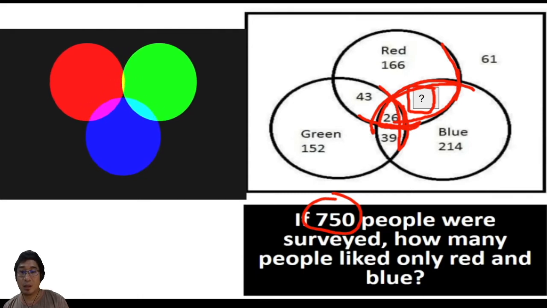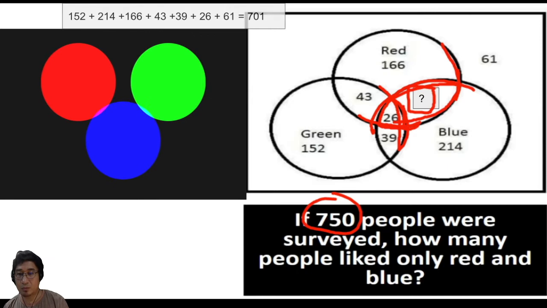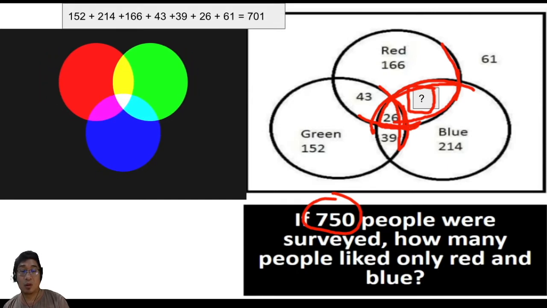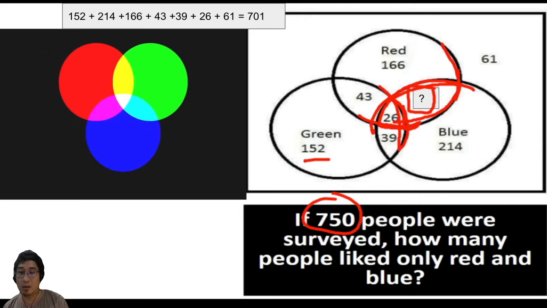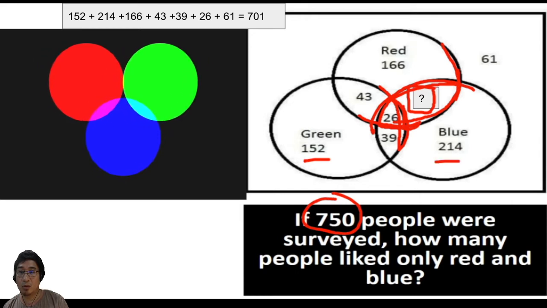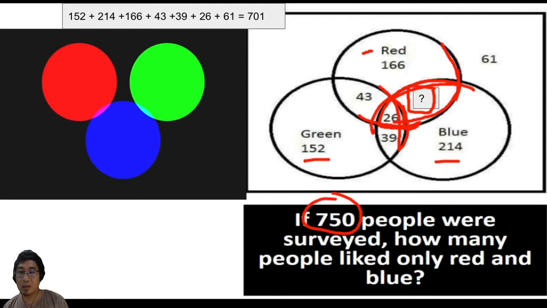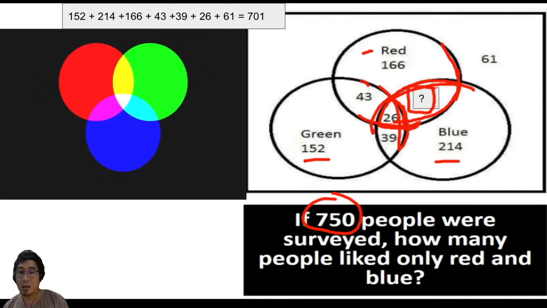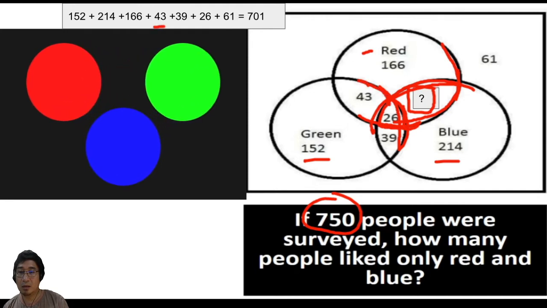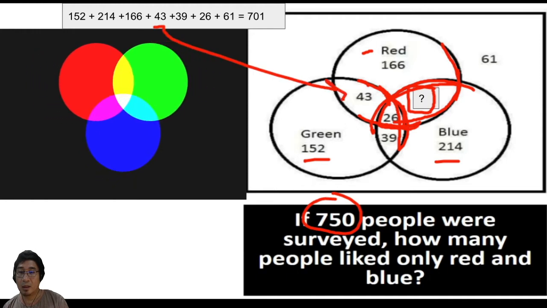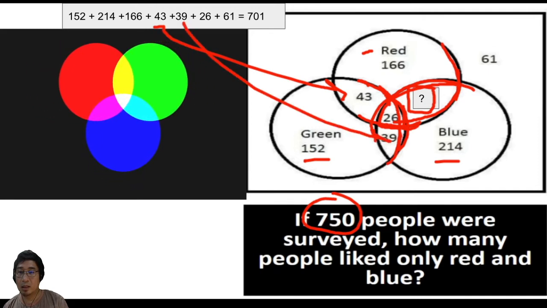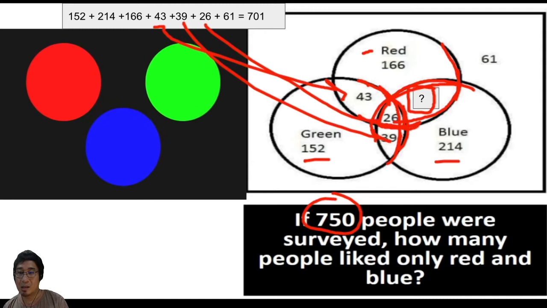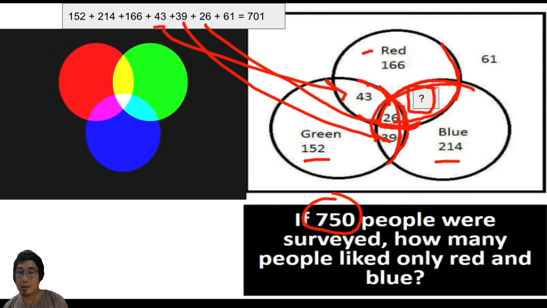Now, to do this, we have to do this equation. We have to get 152 from the green, 214 from the blue, 166 from the red, 43 sa red and green, and then 39 sa green and blue, and then 26 sa green, blue, red, and then 61.